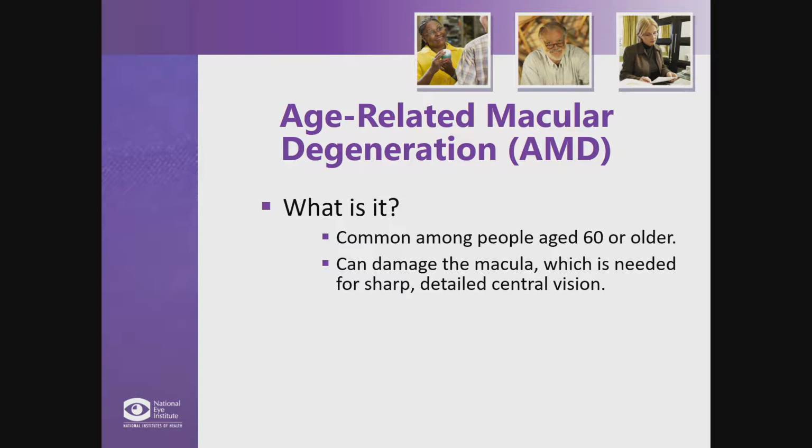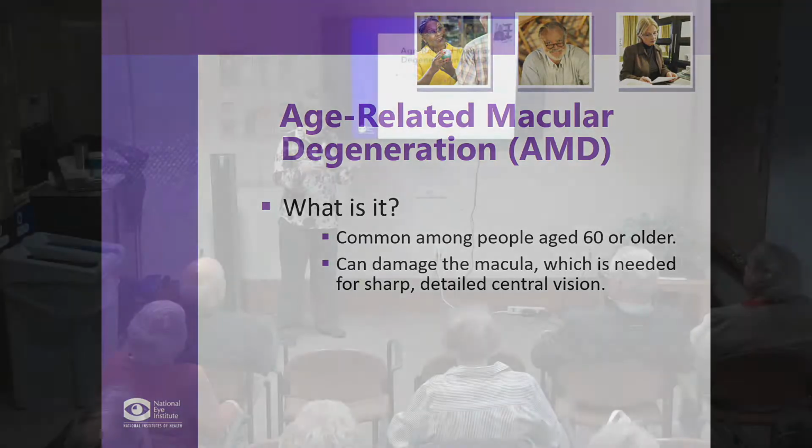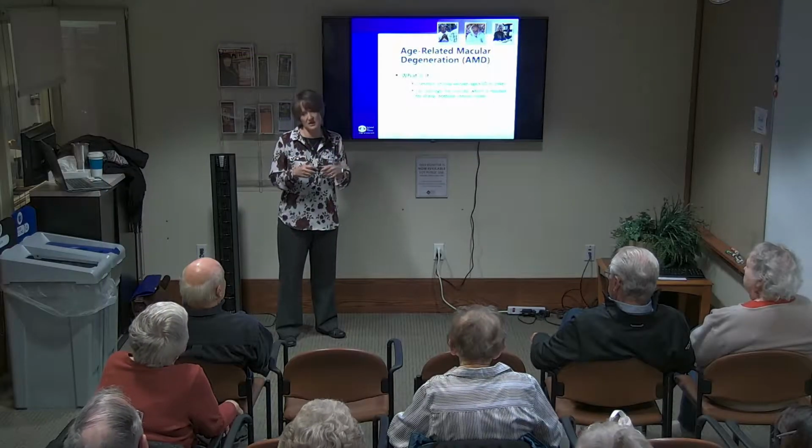So my mom has no signs of it, but my grandmother, her mother, had it. A lot of people will say, my sister had it, or if any of your family members have macular degeneration, I would recommend that you get your eyes checked. And we can see some of those early changes just to know if there's some mild signs of it.